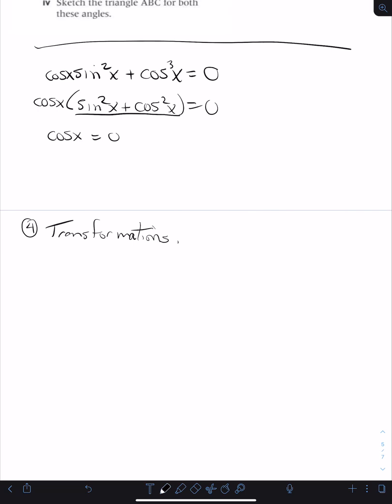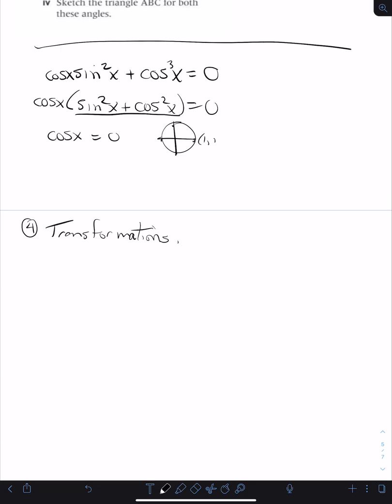Well, when is cosine x equal to 0? Again, I go back to this thing. If I don't have a calculator, because I could have a calculator and figure this out. But remember, cosine is x over your hypotenuse or your radius. So it's the x coordinate on here. Hey, my circle's pretty good.